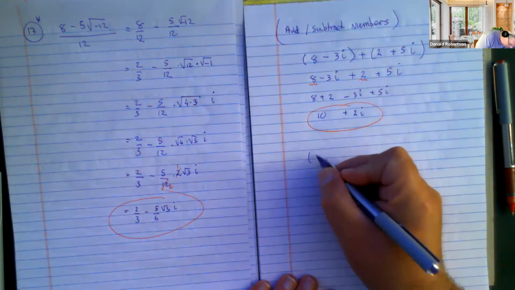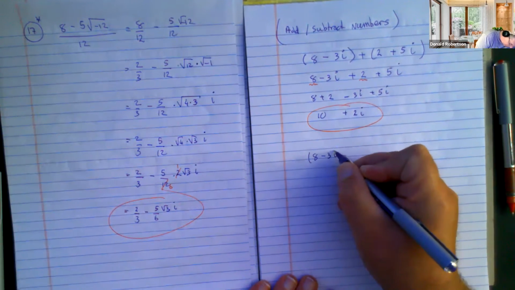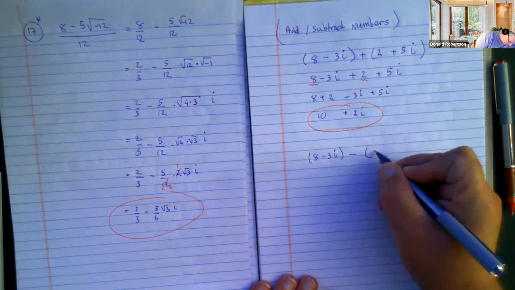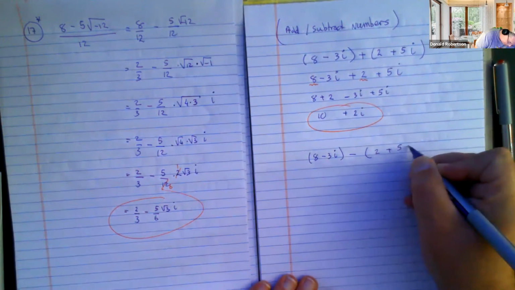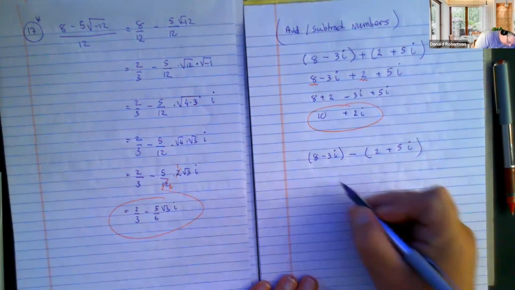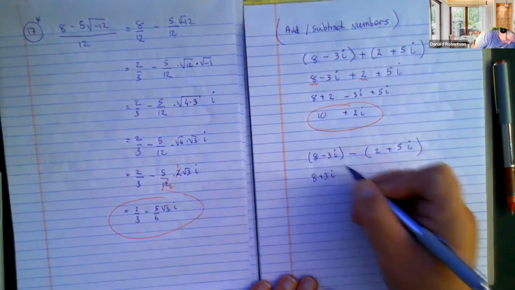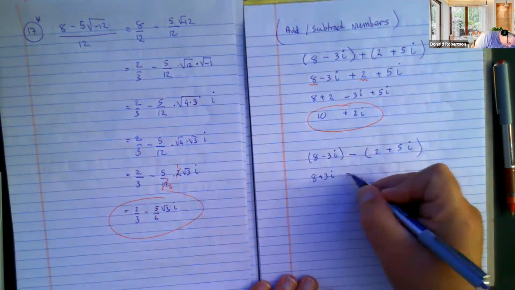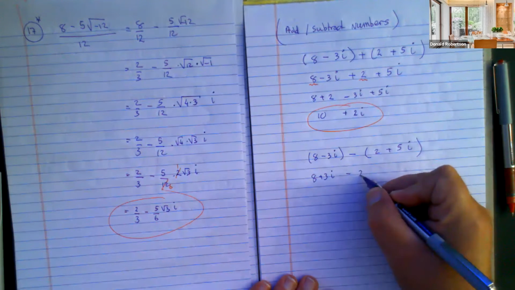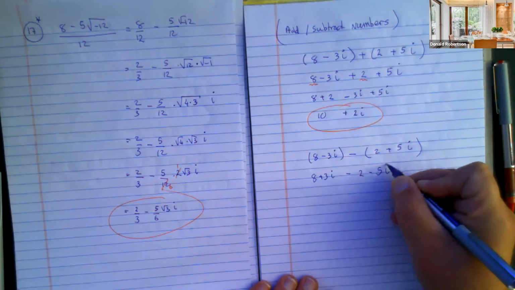Now let's take the same two complex numbers, but subtract them. When you subtract, nothing happens to the first term, but when you subtract, you basically pass that negative through all the terms. So you see you now have that.